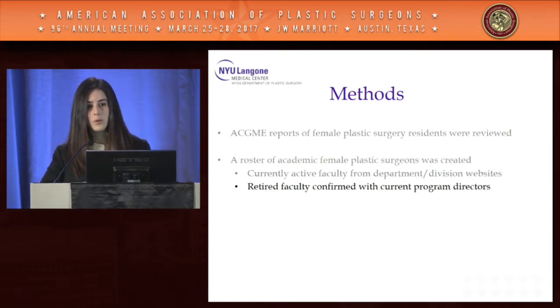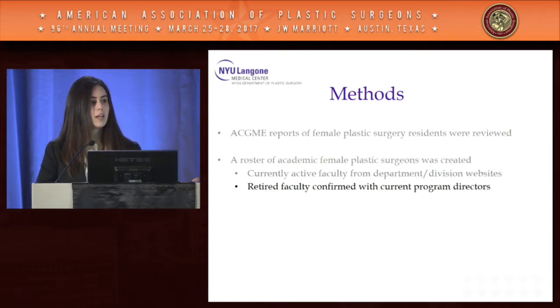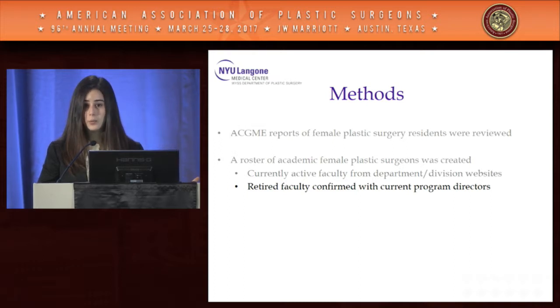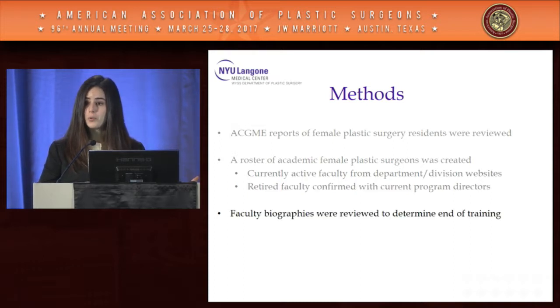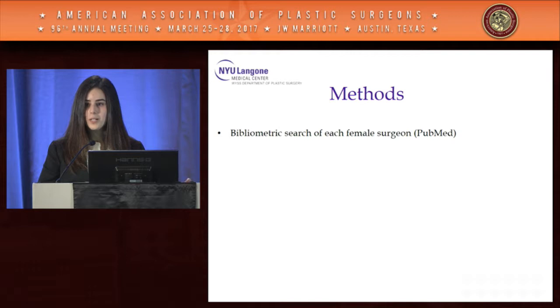Next, we contacted program directors to include any retired surgeons from their program, if applicable. And faculty biographies were reviewed to determine training years and, more specifically, completion of their training. A bibliometric search of each included surgeon was performed using the National Library of Medicine database.